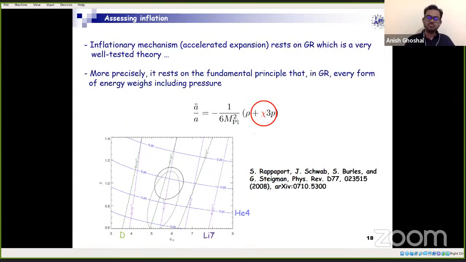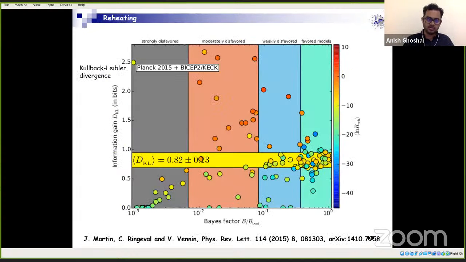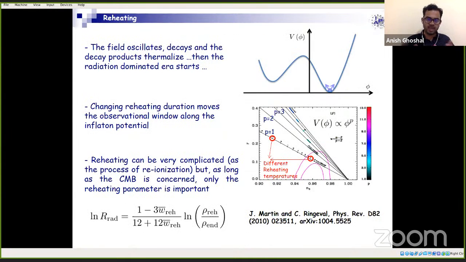So that n_s-r plot, is it generated from the Planck lambda CDM analysis, or has the n_s-r plot been redone including that extra free parameter which you are proposing? Because the usual lambda CDM n_s-r plot that we use for Planck is the 6 parameter plot from the lambda CDM, right? So now you have one more free parameter.